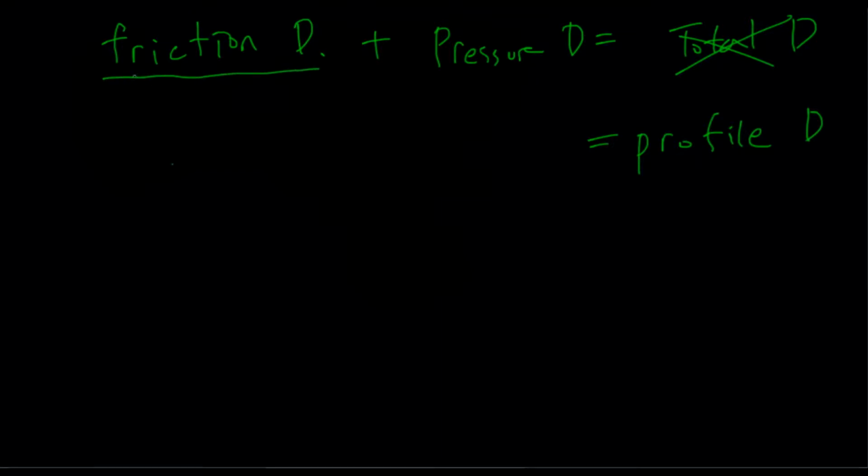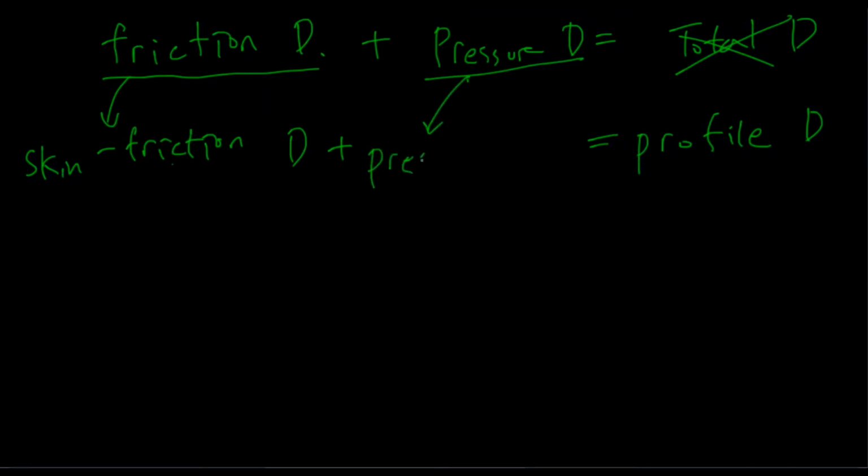And for friction drag, we make it a little more specific and we say it's skin friction drag. And for pressure drag, we can usually just write pressure drag, but we can be a little more specific and say it's pressure drag due to flow separation.